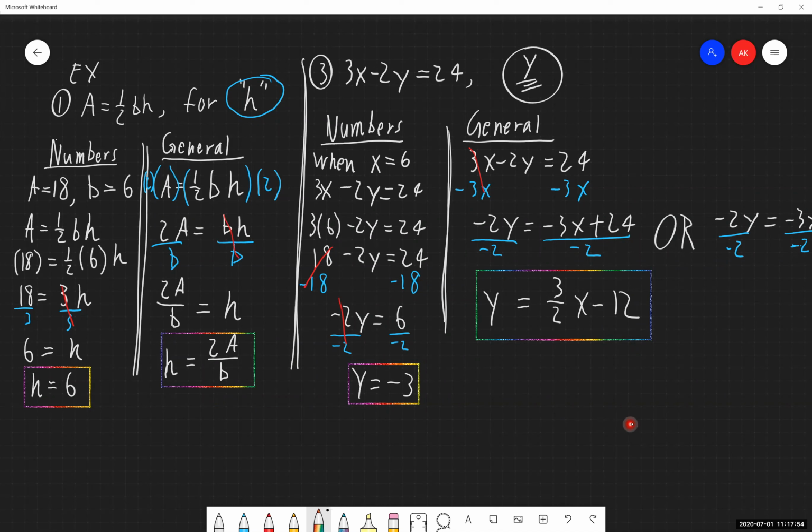Again, the biggest part to take away from this: if you are solving for something in the general sense, where we do have variables showing up, treat all other variables that you aren't solving for as if they were just a number. You can add, subtract, and multiply them together as if they were just the number 2, or the number 5, or the number 10, or anything like that.